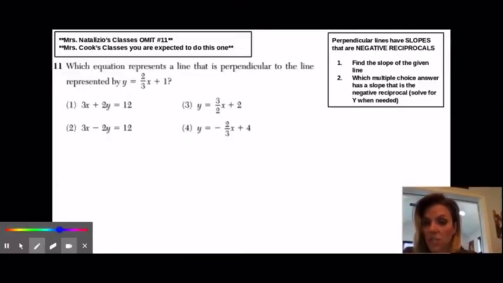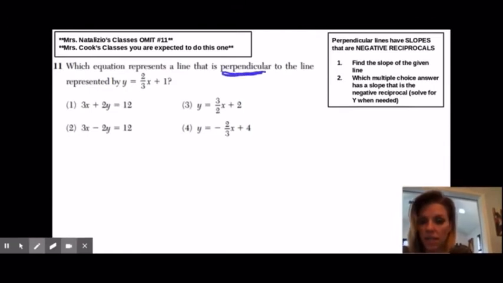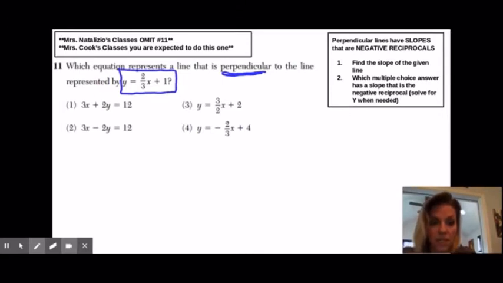So this says, which equation represents a line that is perpendicular to the line here? Well, we've learned that perpendicular lines have slopes that are negative reciprocals, right? So if I look at the line y equals 2 over 3x plus 1, the slope of this line is 2 over 3.